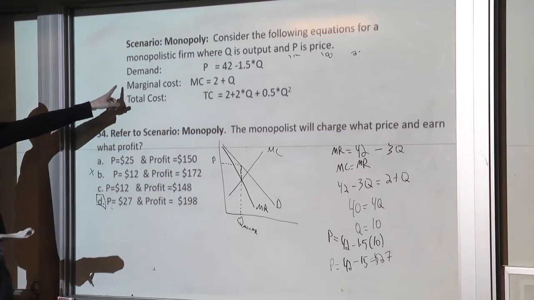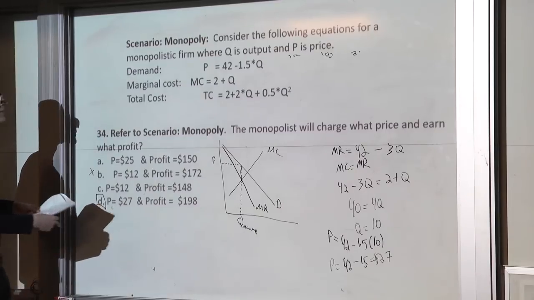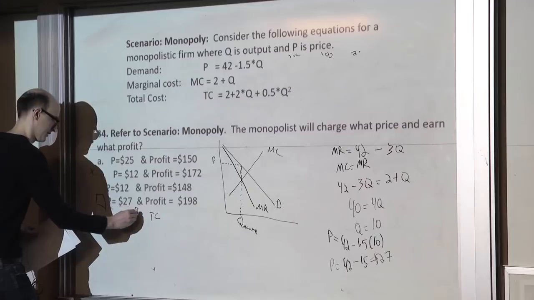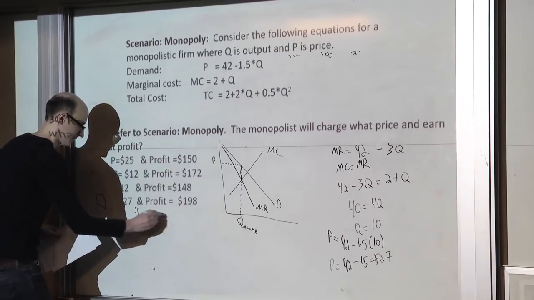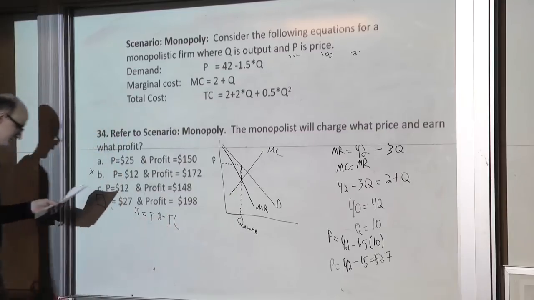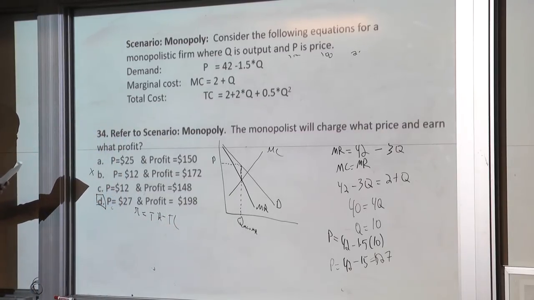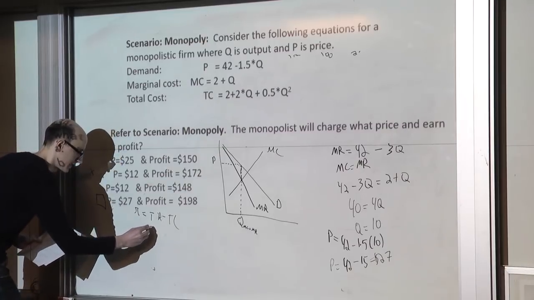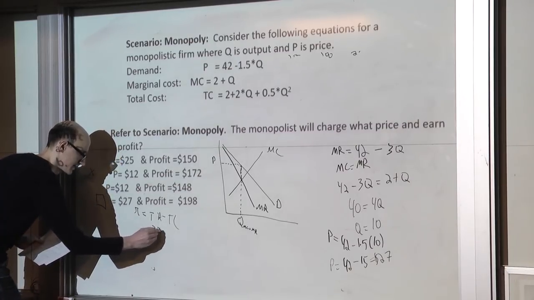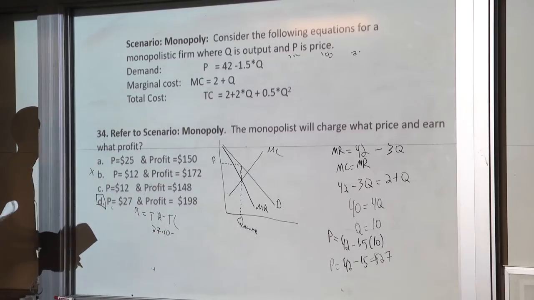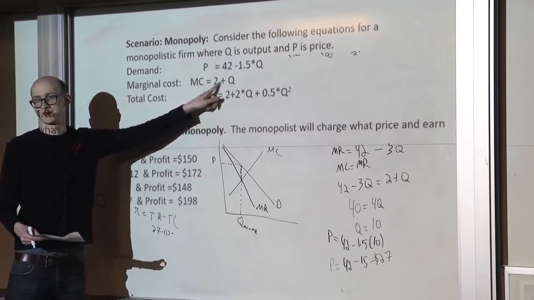To get that, we go to total revenue and total cost. Profit equals total revenue minus total cost. We can get total revenue from multiplying price by quantity. So 27 times 10 minus total cost. Plug it into this function, right?